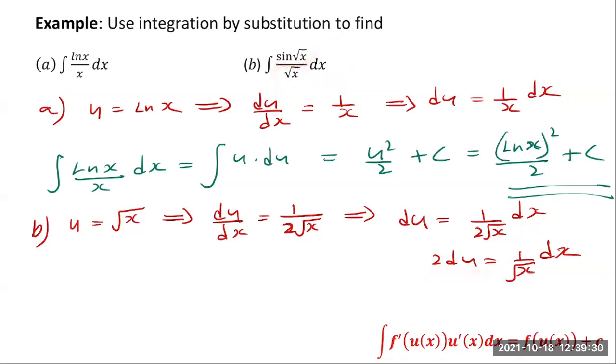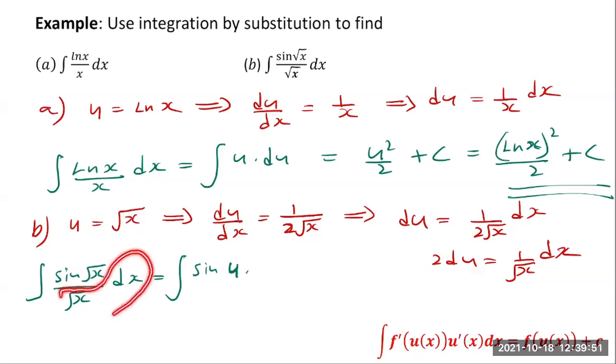Okay. Now let's go with the u substitution process. The integral of sine square root of x divided by square root of x dx is equal to the integral of sine u, where square root of x is u. That's what I'm taking, times, remember, 1 over square root of x times dx is exactly 2 times du. I'm going to put 2 times du here.